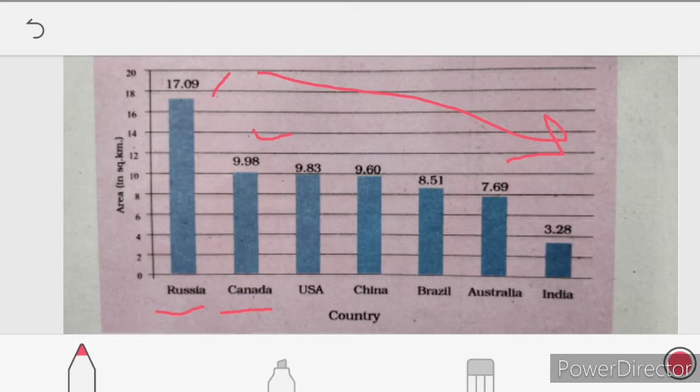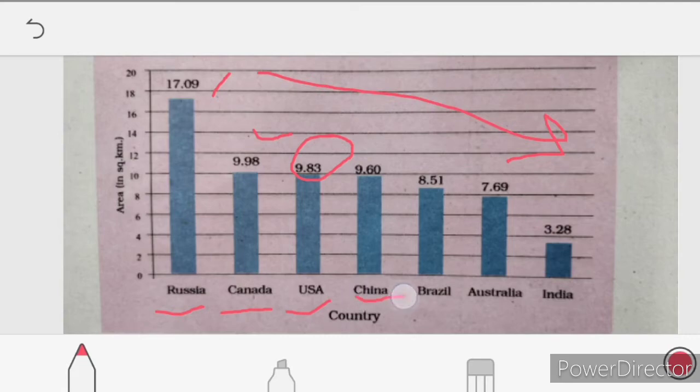That takes the second position in the world, and the third position goes to the next country, USA, the United States of America, with 9.83 million square kilometers.